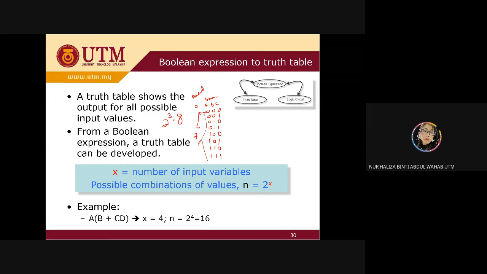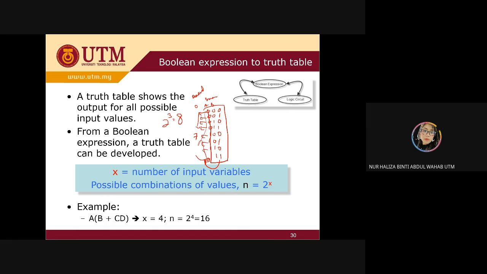This is referred to 0, this is referred to 1, this is referred to 2, 3, 4, 5, 6, 7. If you convert from binary to decimal, from decimal to binary. So this is the value and the possibilities that you have for your input.